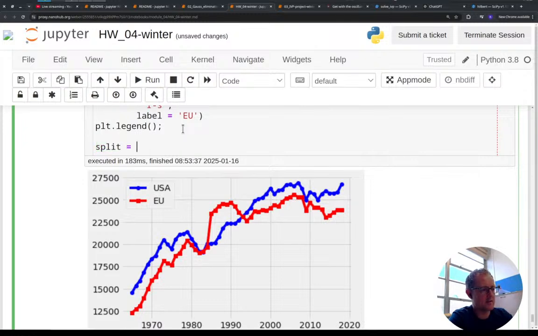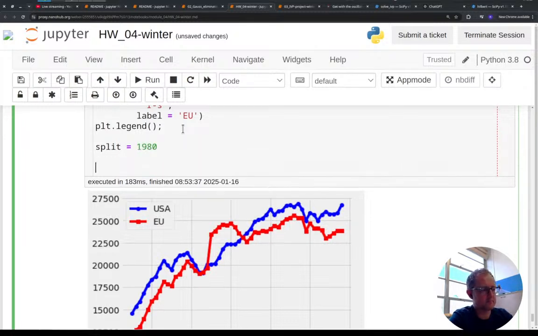Looking at this, I can choose any splitting point that I want, but let's just say the split year is 1980. No particular reason. I'm gonna make a Z matrix. The Z matrix is actually gonna be the same values for both of them.